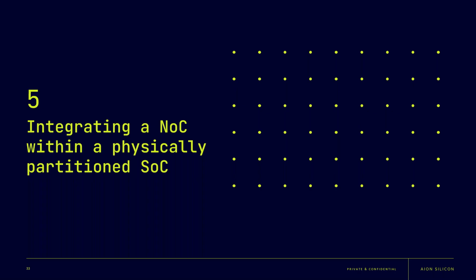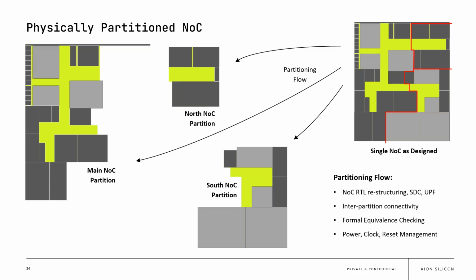Now I'm going to cover the integration of a NoC within a physically partitioned SoC. So why partition a SoC? Usually the requirement to partition a SoC is driven by backend requirements. They might find the need to harden certain parts of the SoC early if they are not expected to change over the course of a project, so they'd prefer to harden those sections first.